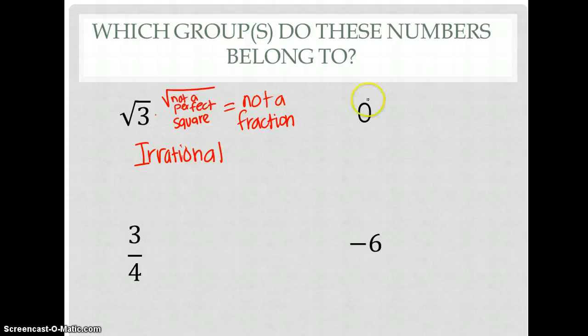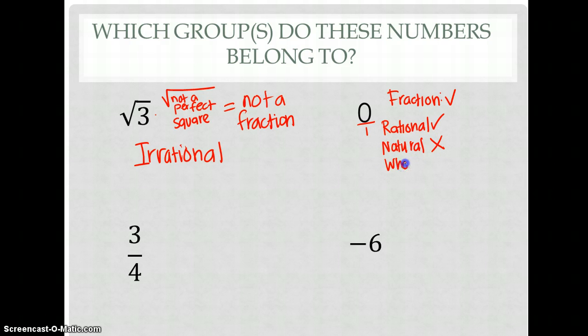So if we look at the next example, to your right, 0. Is that rational or irrational? Well, can I write it as a fraction? Well, 0 over 1. So yes, it's a fraction. Sure, so it's rational. The next group I want to check, let's go with the smallest group. Is it a natural number? Do I count with it? No, it's not a natural number.